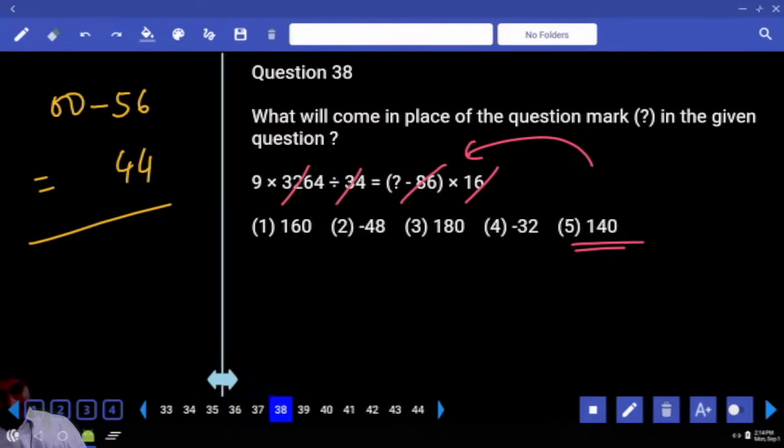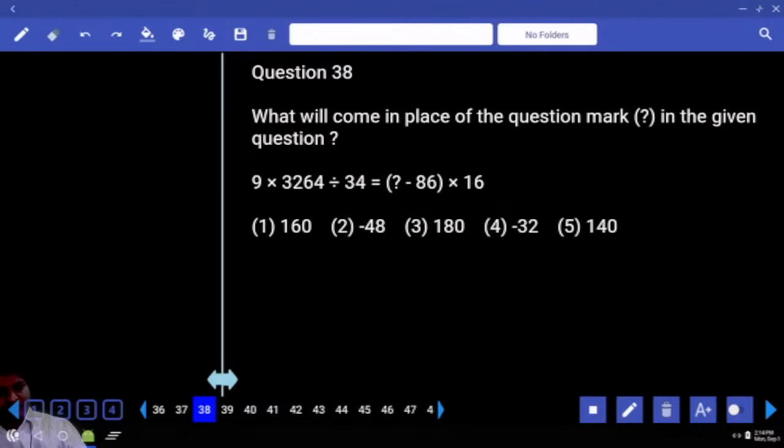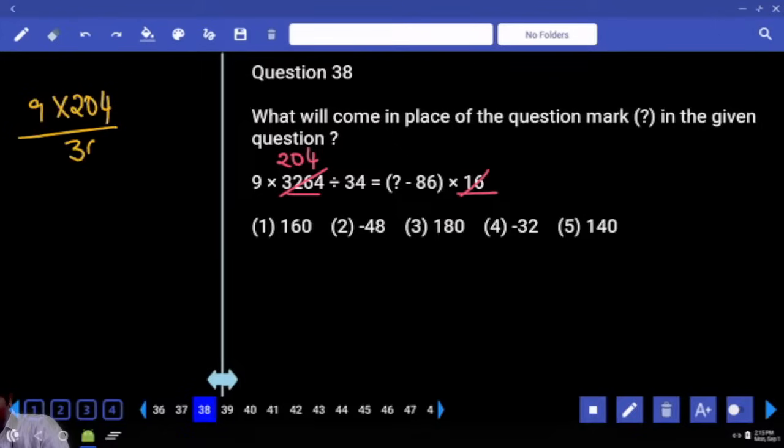Okay. Into 16 comes to the left hand side as denominator. Come on. Numerator 30 to 64 is there. I see 16 is a clear multiple here. 2 times 0, 4 times, correct? So 9 into 204 divided by 34 is equal to x minus 86.